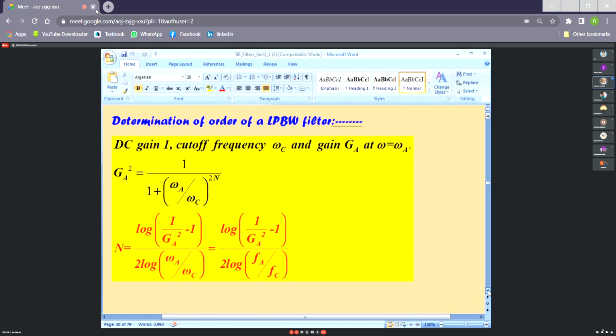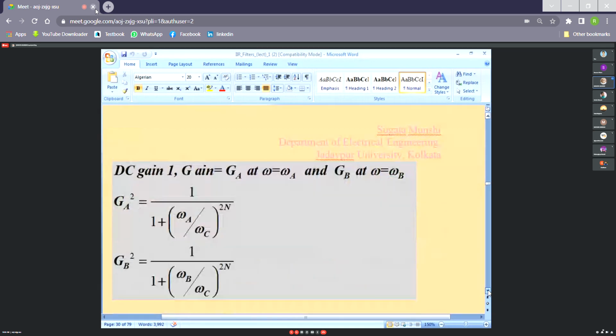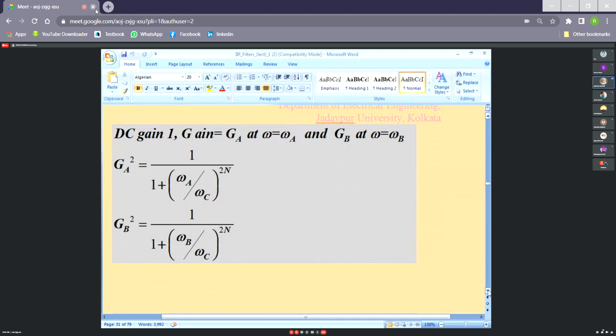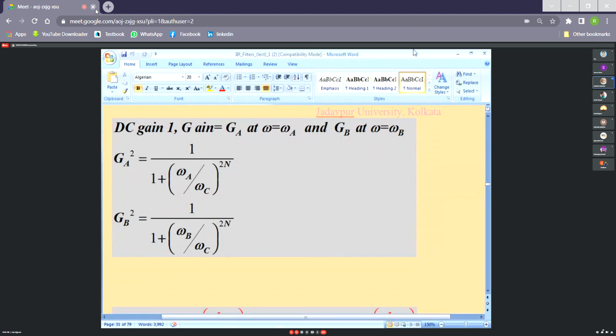As I was mentioning, instead of providing you with the cutoff frequency information and gain at some other frequency, you may be provided with the DC gain, the gain at a particular frequency omega A, and the gain at another frequency omega B. If omega B is the cutoff frequency, then your procedure will be same as before. But if omega B is not a cutoff frequency, then what would you do?